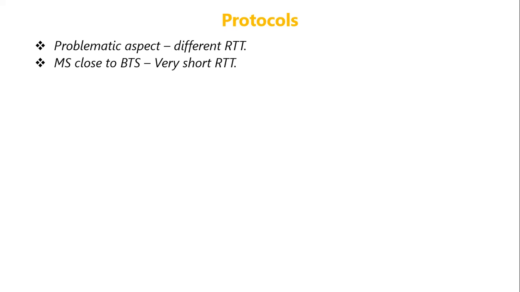Then accordingly, the MS will adjust its access time so that all the bursts reach the BTS within their limits. This is to ensure that the data is reaching the BTS within the time limit.